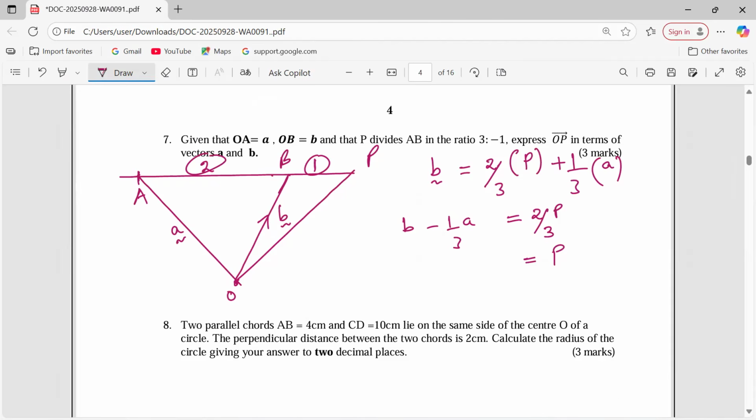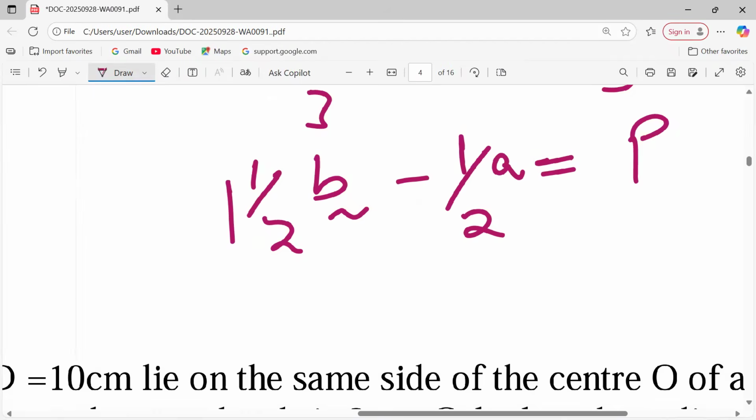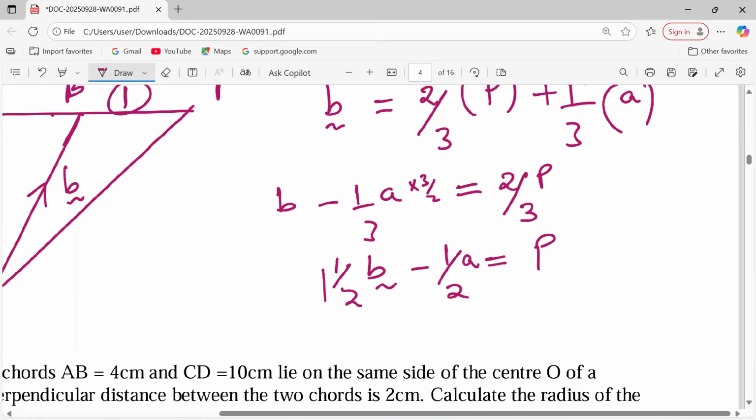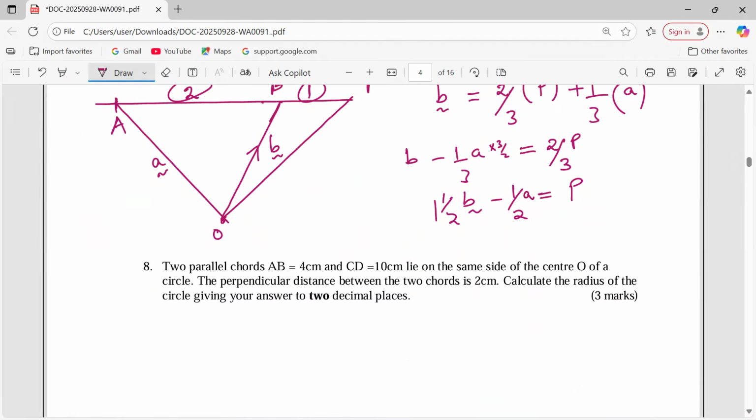The position of P shall be, we multiply throughout by 3/2. So by 3/2, it becomes 1.5 B. By 3/2, it becomes half vector A. Therefore, vector P in terms of A and B can be expressed as 1.5 vector B minus half vector A.